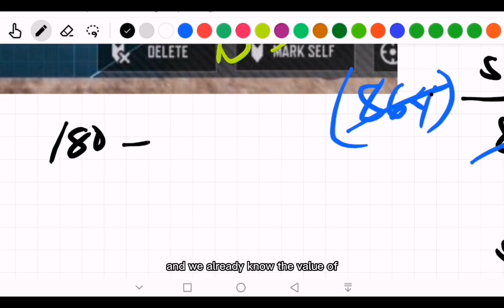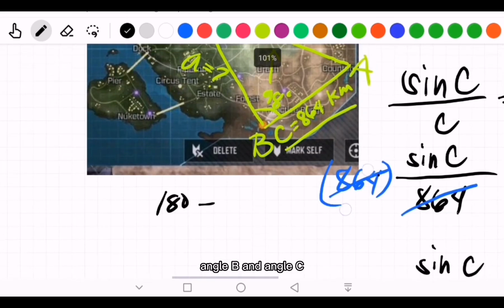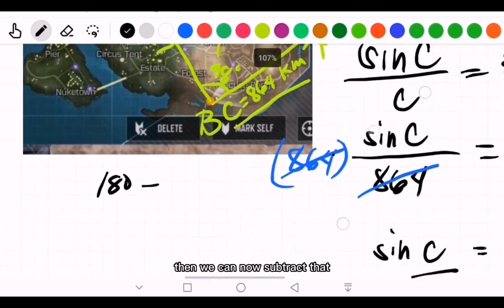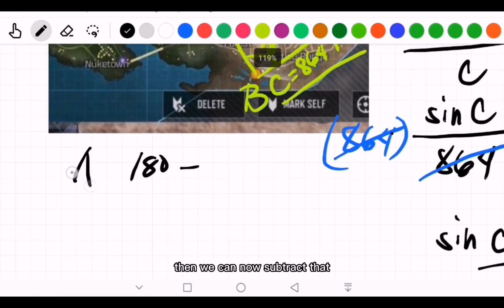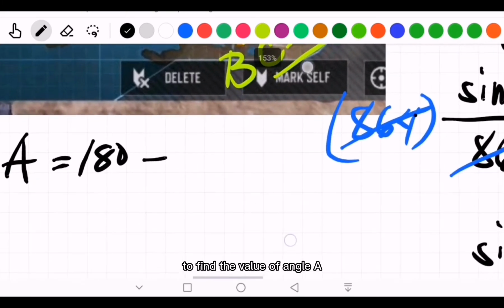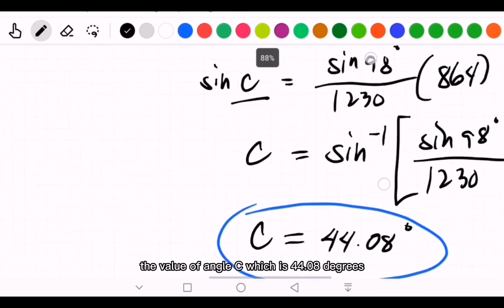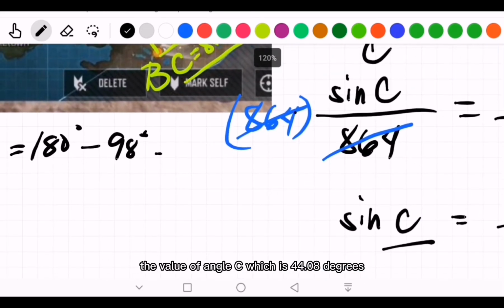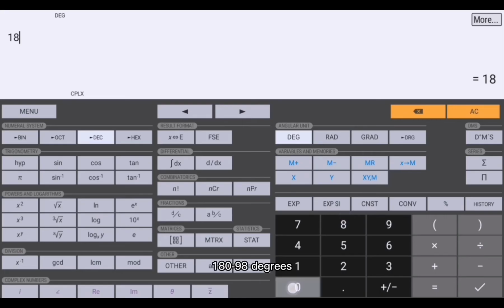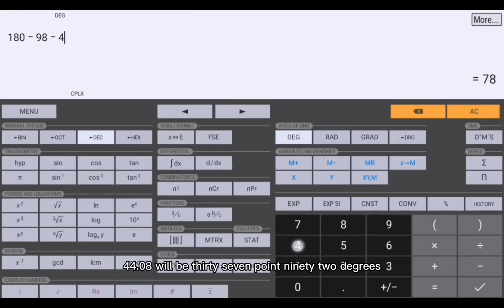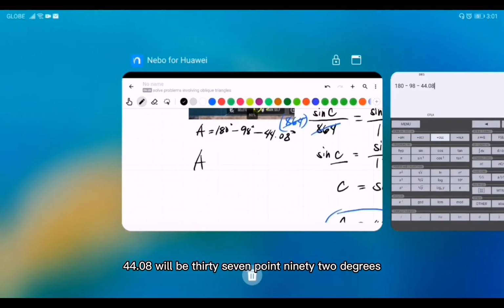And we already know the value of angle B and angle C. Then we can now subtract that to find the value of angle A. So 180 minus angle B, 98 degrees, minus the value of angle C, which is 44.08 degrees, will be 37.92 degrees.